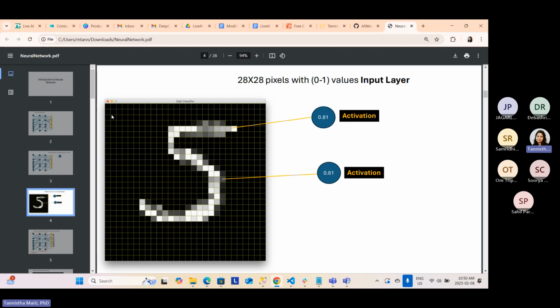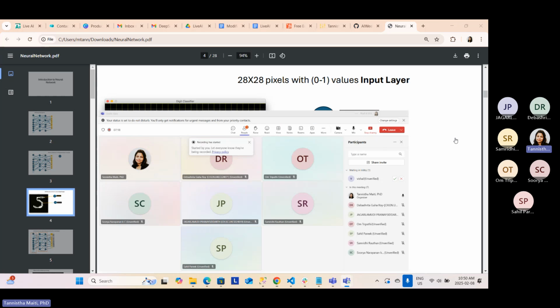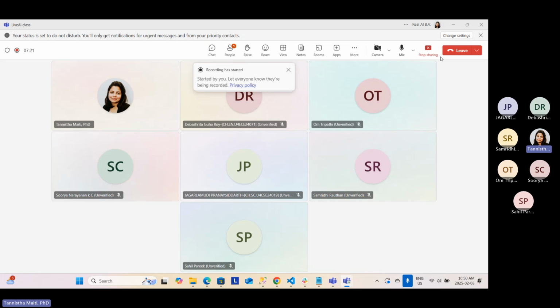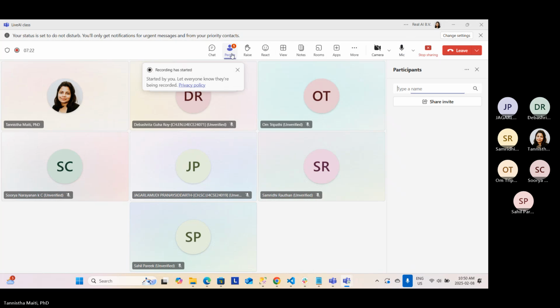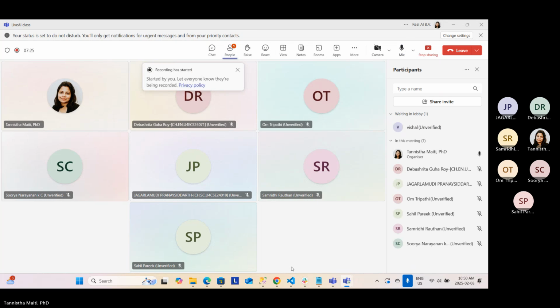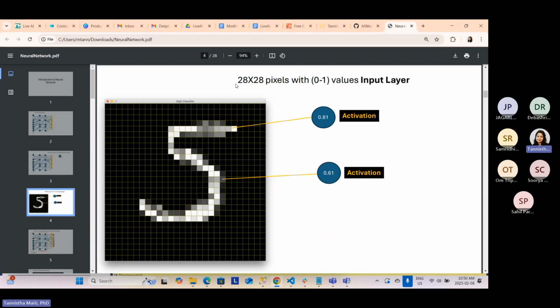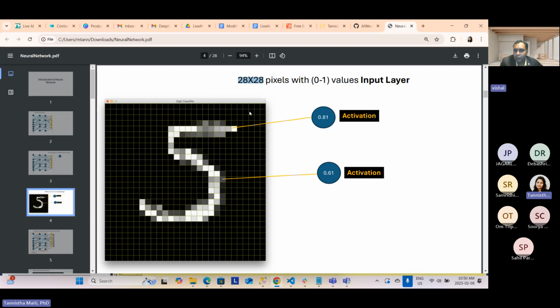Right now this image size is 28 cross 28, and each of these pixels corresponds to a value between 0 and 1. We call these activation values.